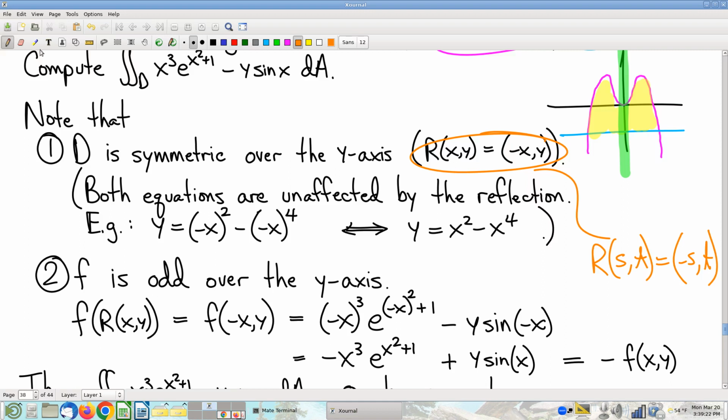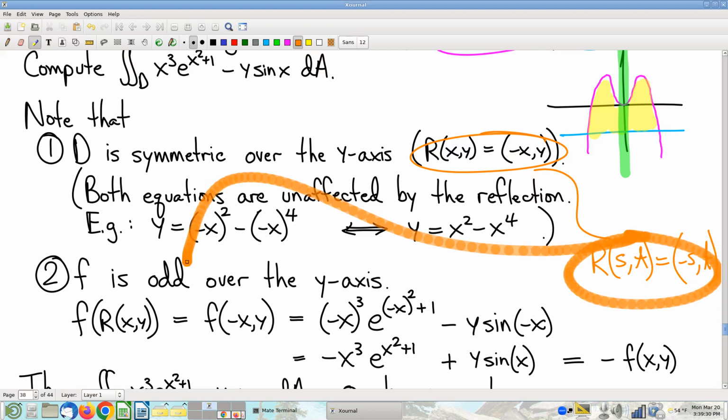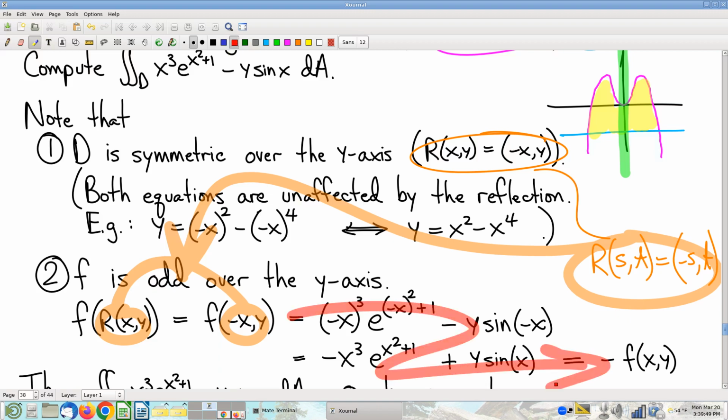And then you're plugging in this reflection into the function, then no problem. Now you're plugging in negative s for x and t for y. No confusion of variables. You plug it in. You do the algebra that ensues. Do be careful with that algebra. It's easy to accidentally mess up some minus signs.